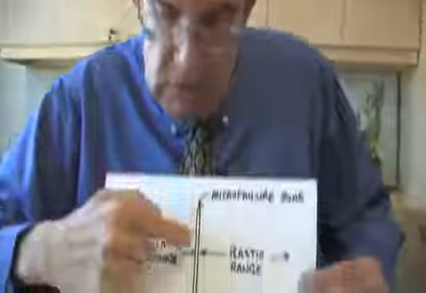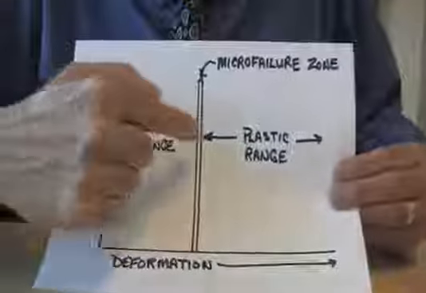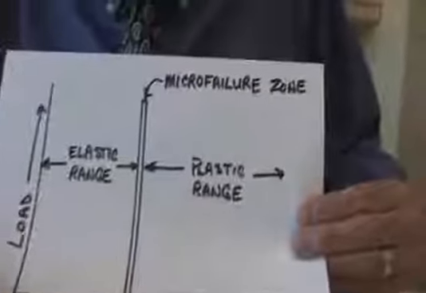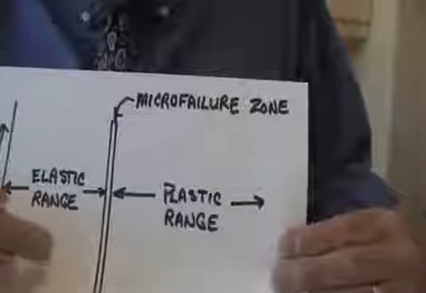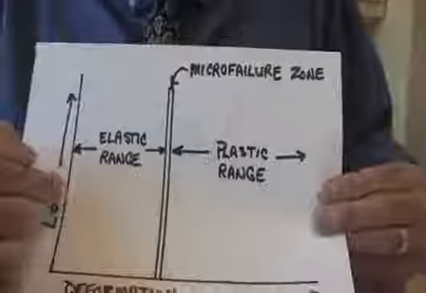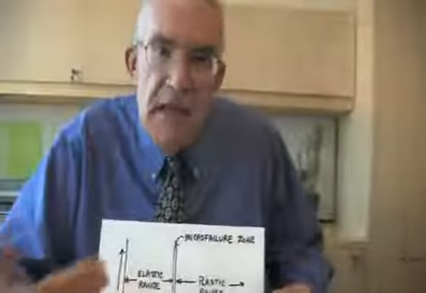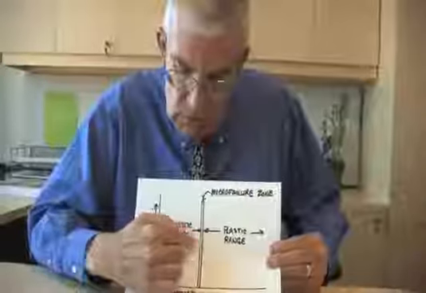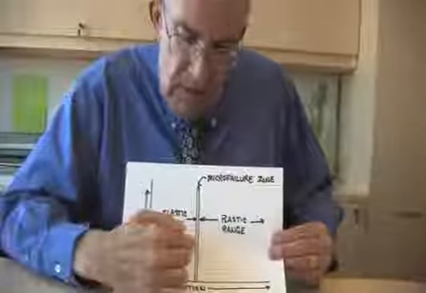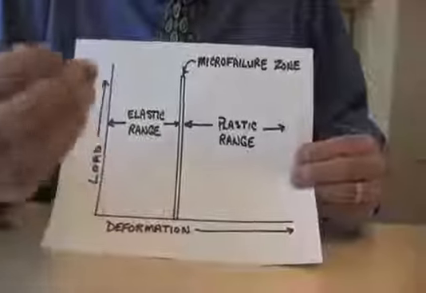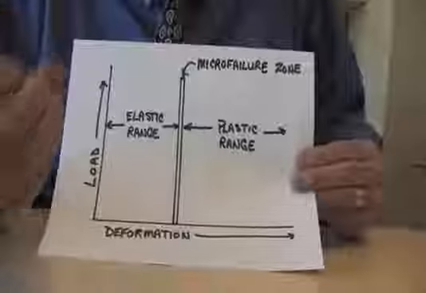You'll notice that the zone separating the elastic range and the plastic range is referred to as the microfailure zone. If we cannot keep the tissues, as they're undergoing stress or being moved during different activities, within the elastic range and they begin to enter into the microfailure zone, what will now happen is an increase in not only tissue deformation but also stress.